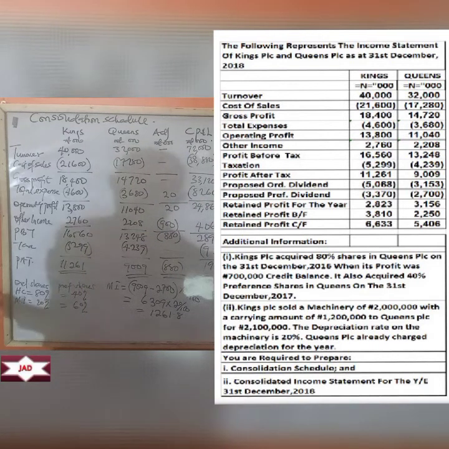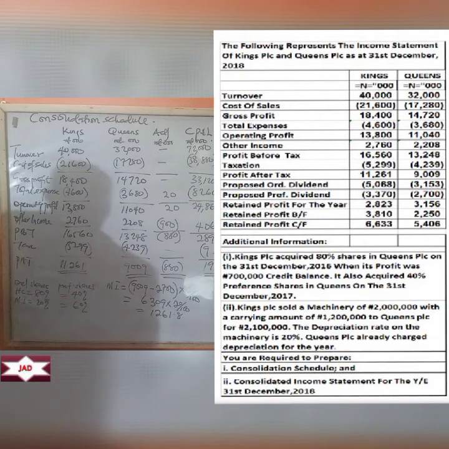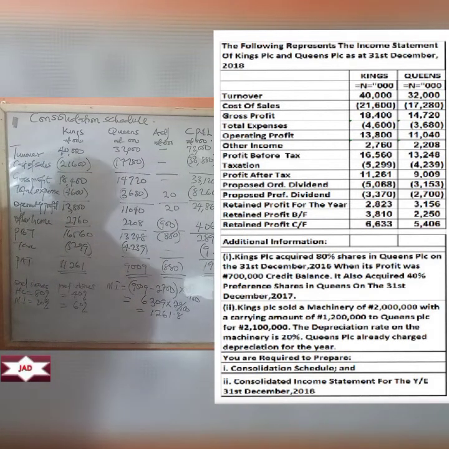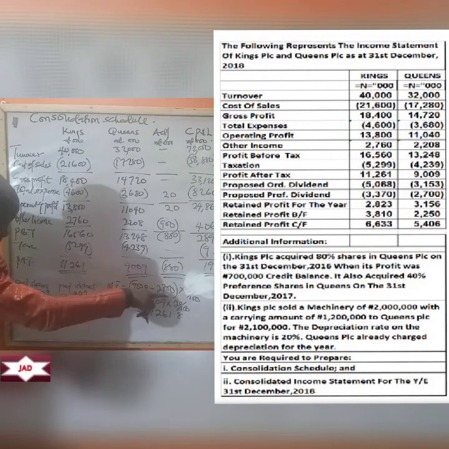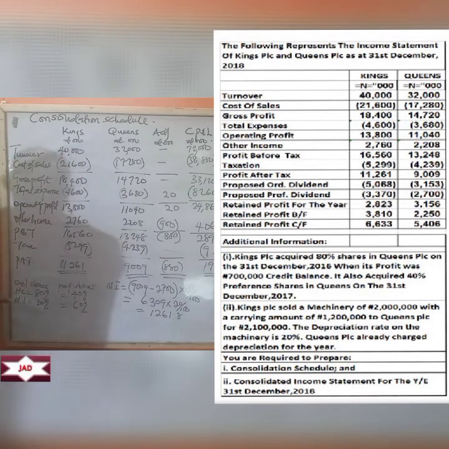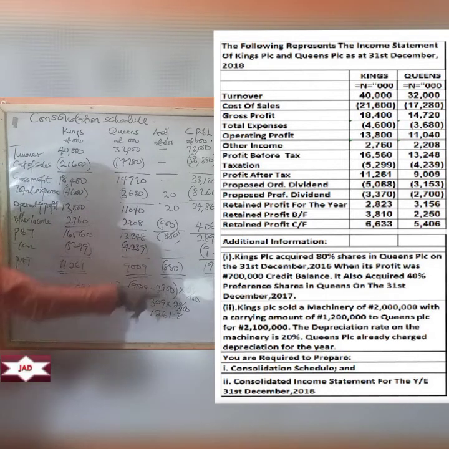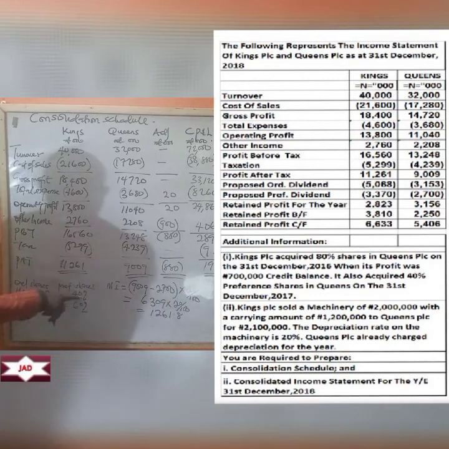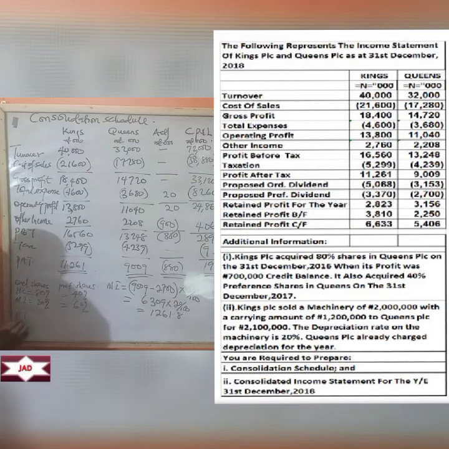Now for this preference dividend, we've taken it out to get that of ordinary shares now. So for the ordinary shares, minority has 20%, which is this. Now for this preference, what is the minority share of this preference dividend? Because holding company has 40%, minority has 60%. So minority interest again will be 60 over 100 times 2,700.